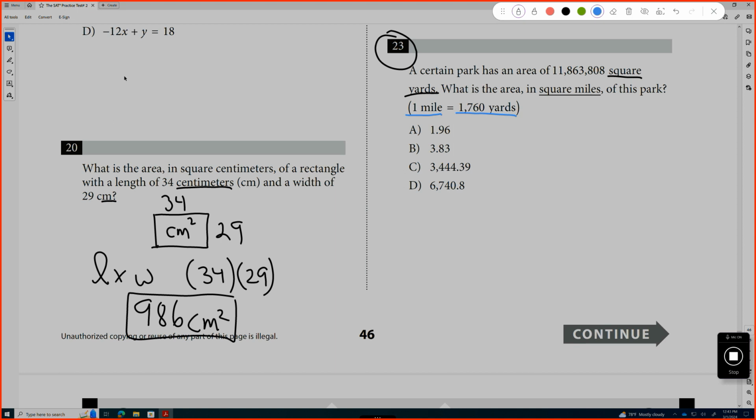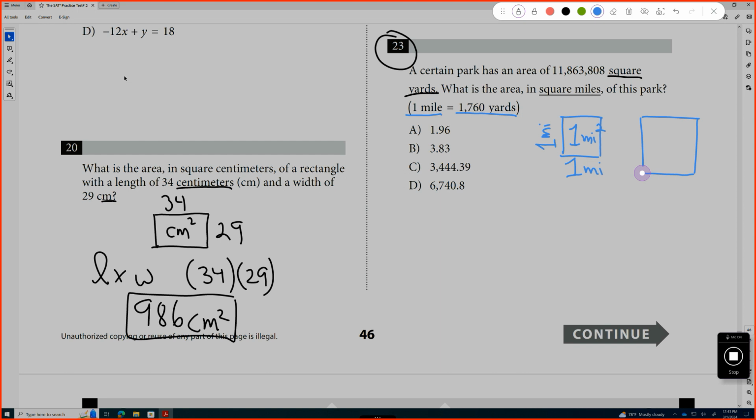So when we have 1 square mile, it's a 1 by 1 little square. So 1 mile times 1 mile. 1 times 1 is still 1. That's why we only have 1 little mile. But now the mile is squared. Okay, so now it's going to be the same.